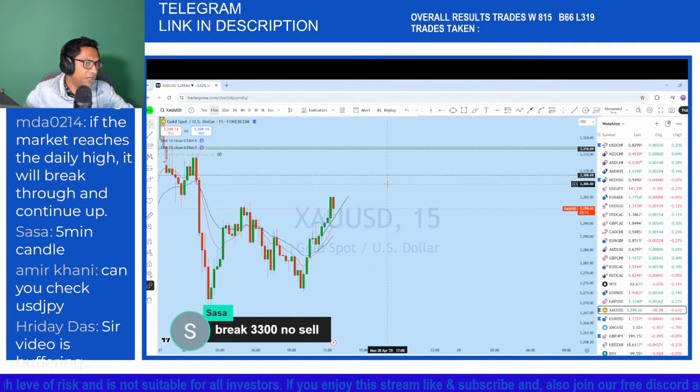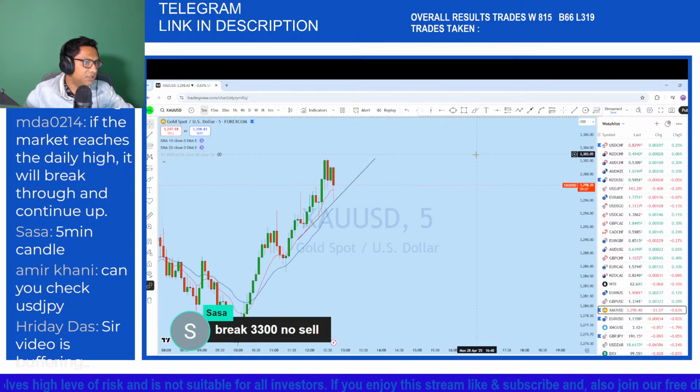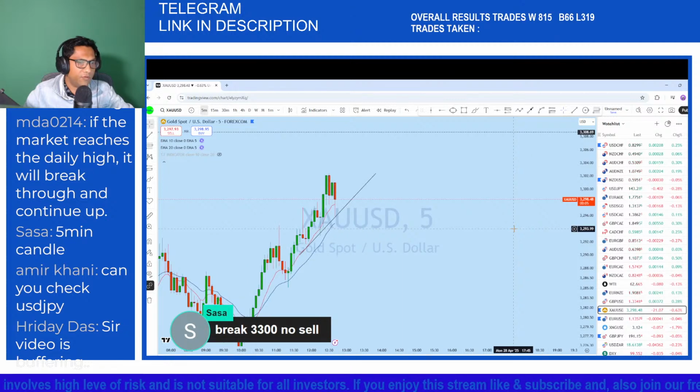Looking at the 15 minutes, it is also forming a long wick doji. On the 5 minutes, there is a long wick candle formation.